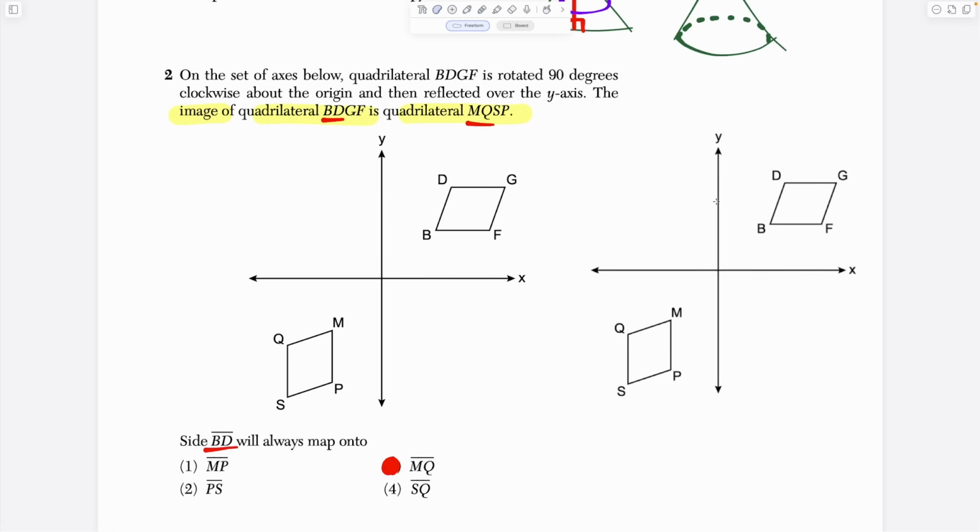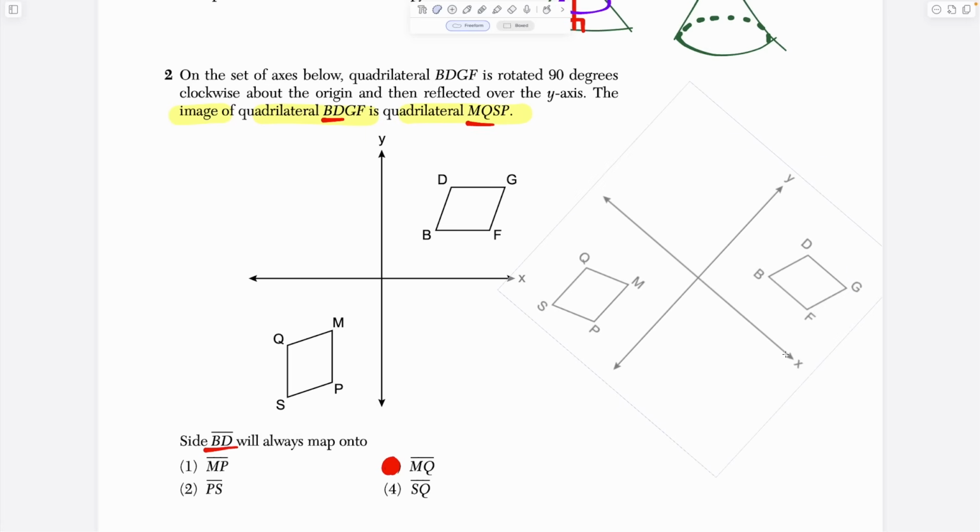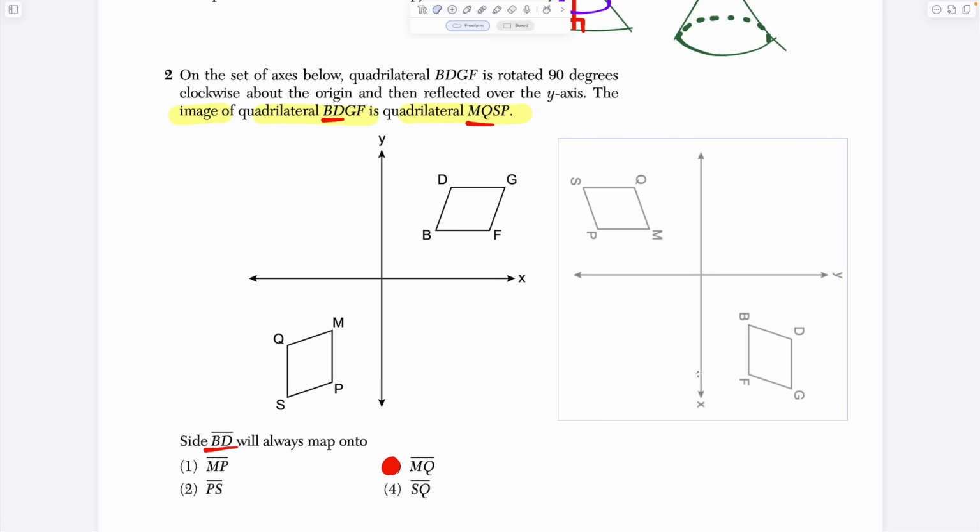But a more technical way to do this would be to actually go through the transformation. If we take quadrilateral BDGF and rotate it 90 degrees clockwise about the origin, we could actually take our paper. If you're doing this at the actual Regents and you have the Regents paper in front of you, you could actually turn your paper 90 degrees clockwise. That's towards the right like this, and that's 1 turn.